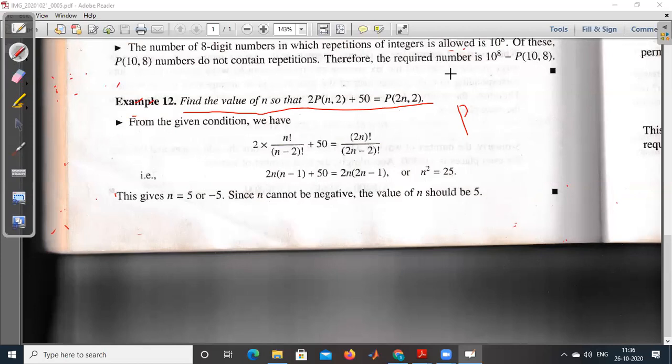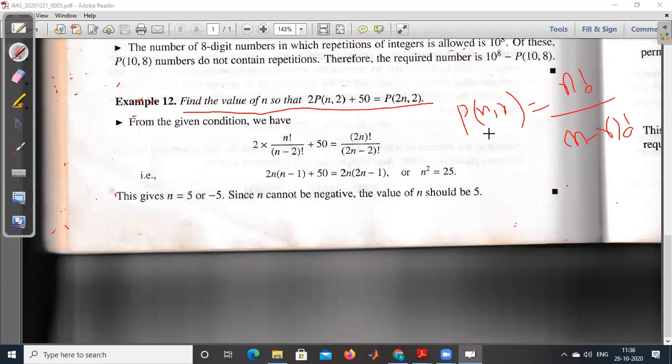We already know that P of n comma r is n factorial by n minus r factorial.